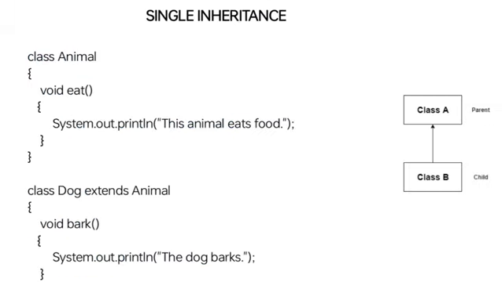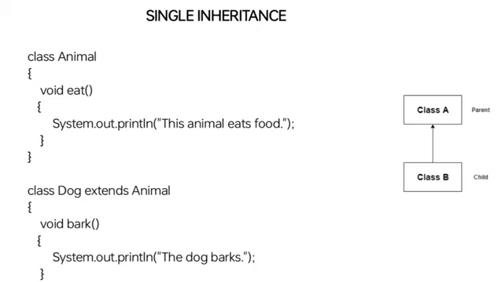First we will see single inheritance. In this diagram, class B inherits the properties of class A. Class A is called the parent class, and class B is the derived class. In this example, animal is a parent class that defines one method, eat, and dog is a derived class that inherits the properties of animal.